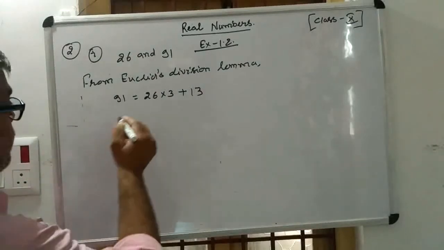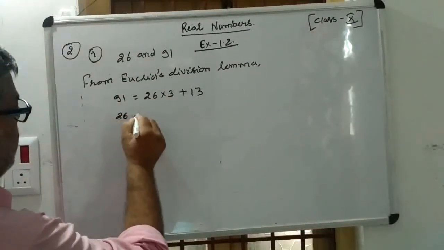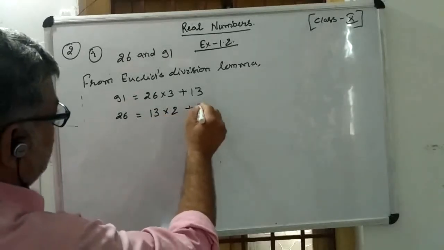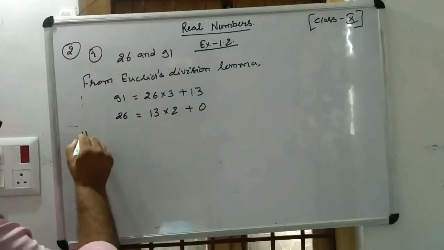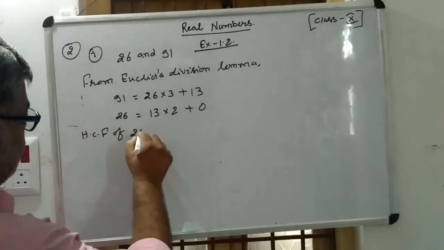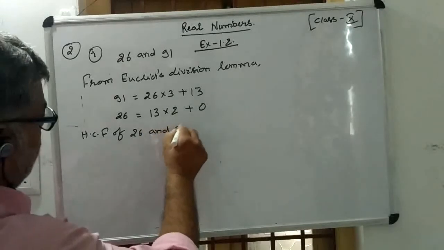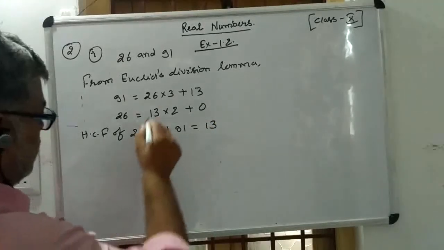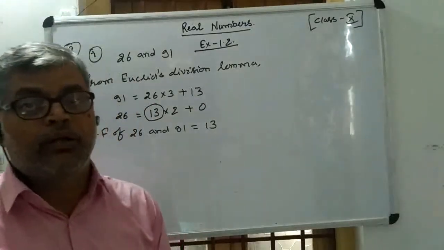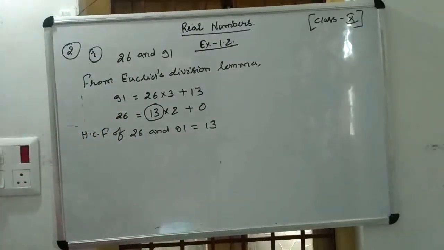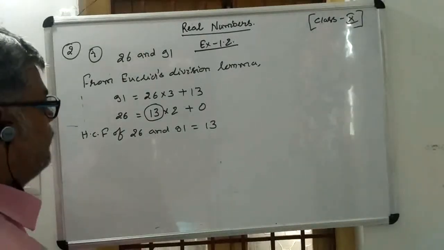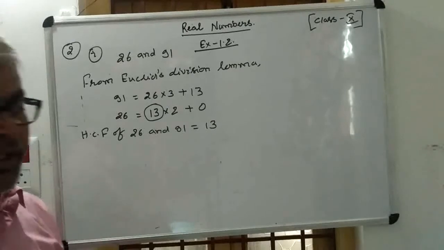In the next step, 26 will be here and 13 will be here, and it goes 2 times plus 0. So the HCF of 26 and 91 equals 13. This is your HCF, the last divisor, that is the last value of b.